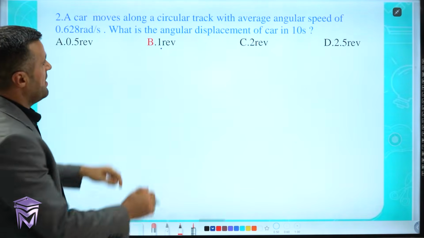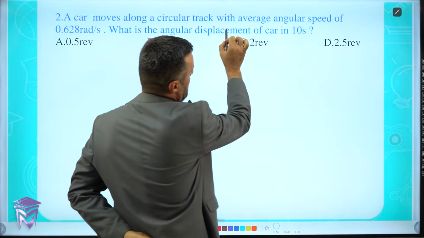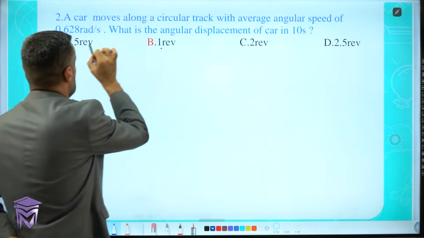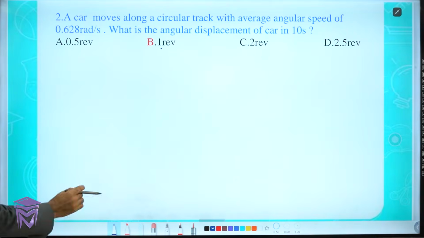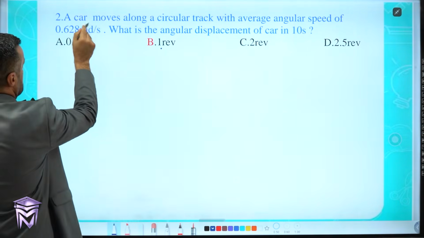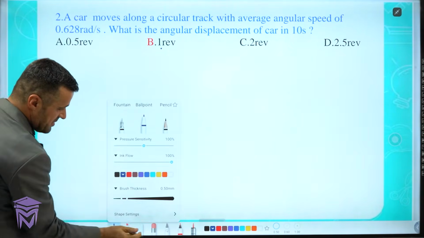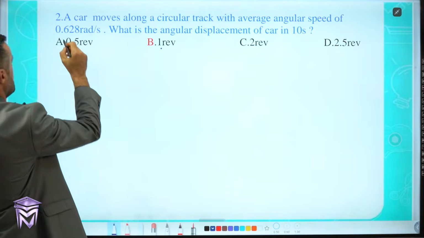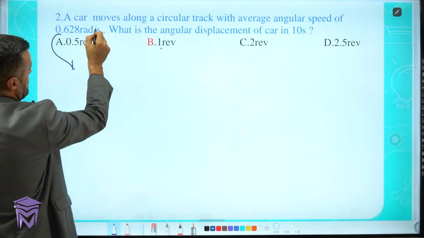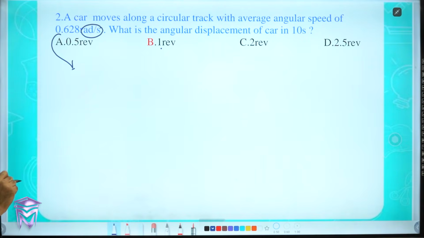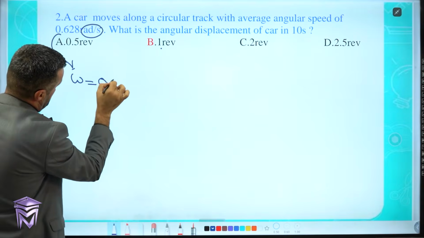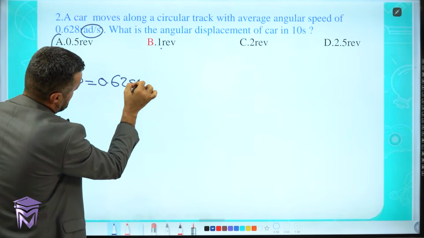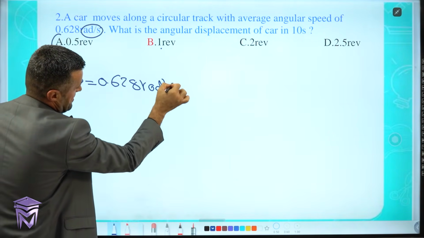A car moves along a circular track with average angular speed of 0.628 rad per second. This amount we have to detect. This amount is the angular speed, omega equals 0.628 rad per second.